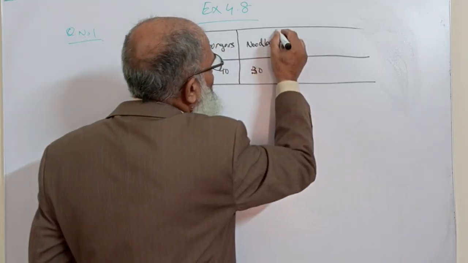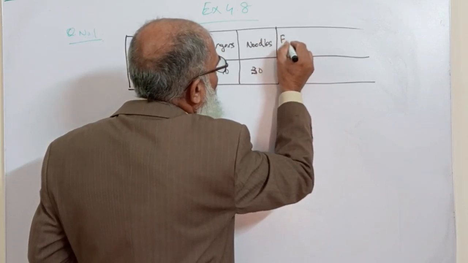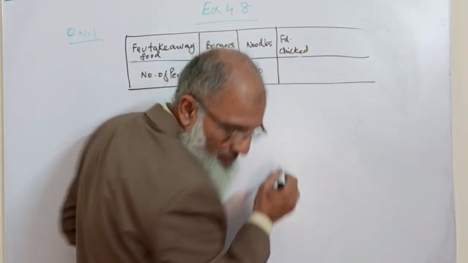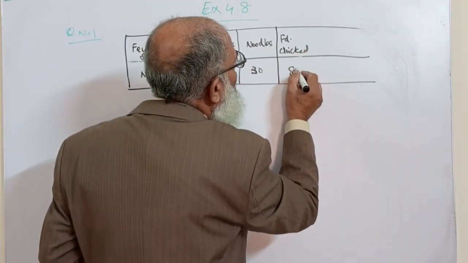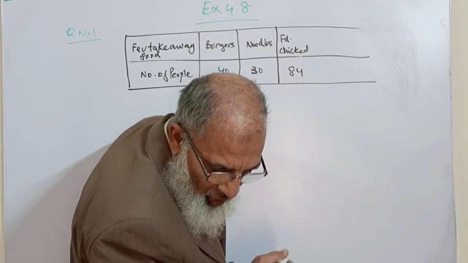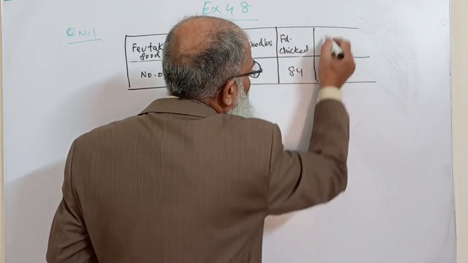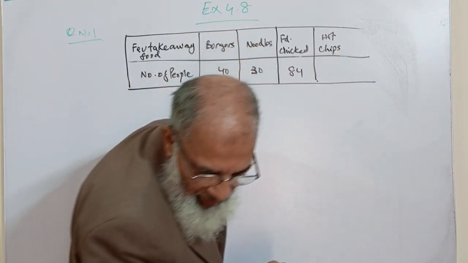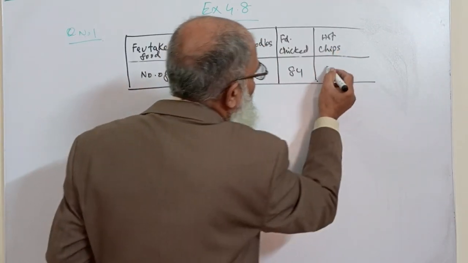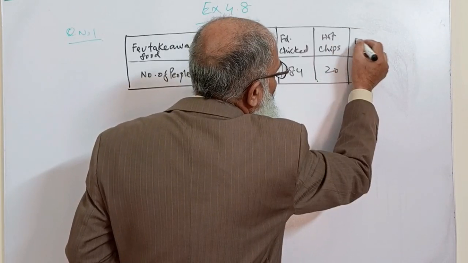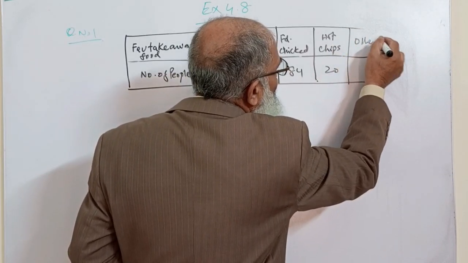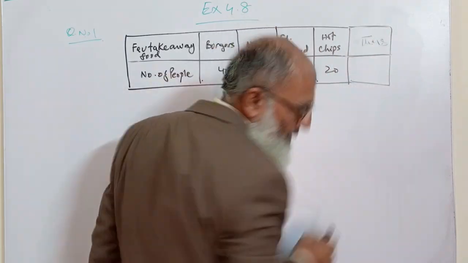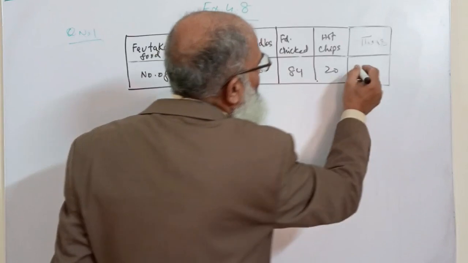Fried chicken, 84. Hot chips, 20. And there are also some other foods. Others are 29.